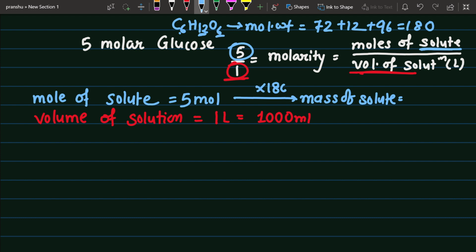So multiply by 180. If it is 5 mole, then it is 900 gram. Clear?